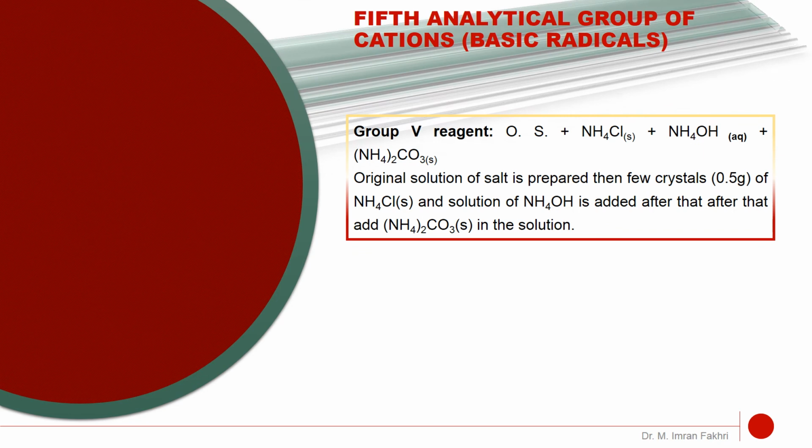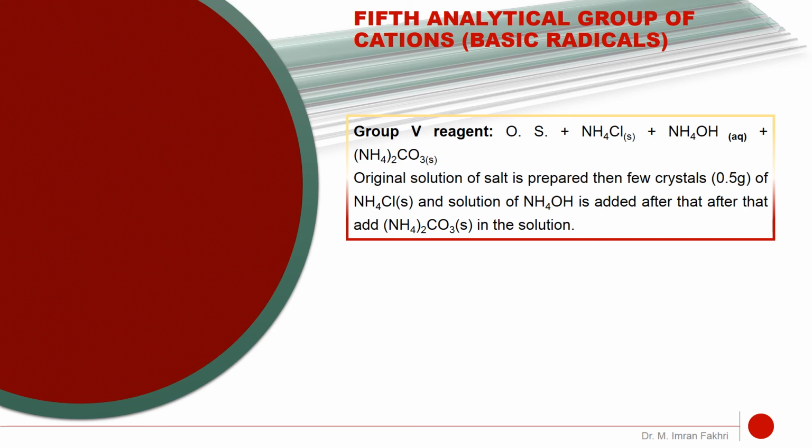Fifth analytical group of cations, basic radicals. We have to add ammonium chloride and ammonium hydroxide to the original solution, and with the resulting mixture, we also have to add ammonium carbonate. The fifth analytical group of cations is precipitated with the help of carbonate ion.